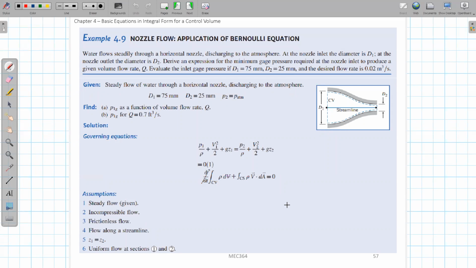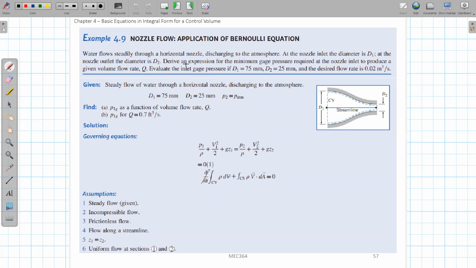So the whole idea here is that from this Bernoulli equation, we can get the correlation between the pressure and other terms, and we also use the continuity equation to relate the velocity and the area, and the density.